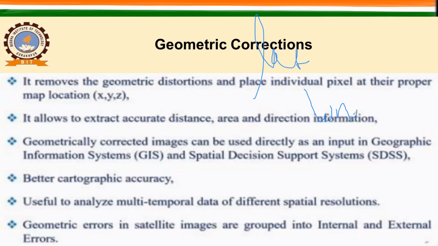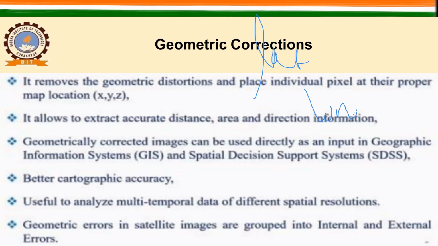So X, Y and Z. Z is basically the DN values, useful to analyze multi-temporal data of different spatial resolution. So if you have measured an image of, just suppose, the BIT campus on, let us say, 1st January 1998, then a second image on 1st January 2001, right?